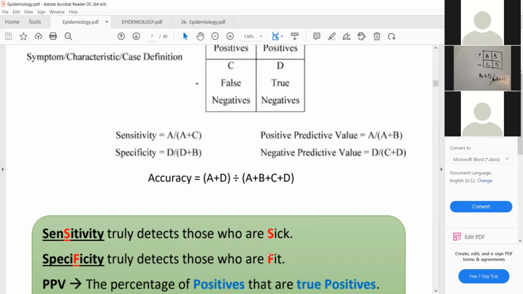That is A plus D, true positive plus true negative divided by A, B, C, and D. So if they ask you to calculate the accuracy of the test, then you need to put this formula and calculate the accuracy of the test. Okay.